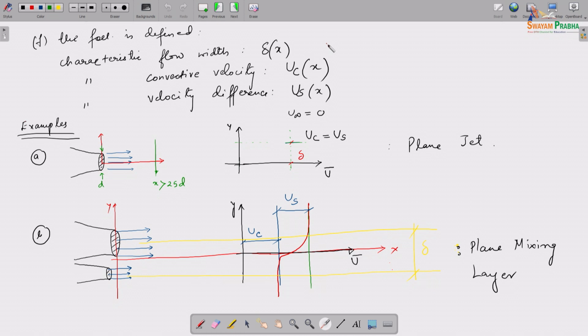So now I think what we will do in the next class is look at the equations. Straight away we will go to the equations: continuity and momentum equations, which are boundary layer equations, but we will write them down using mean components.